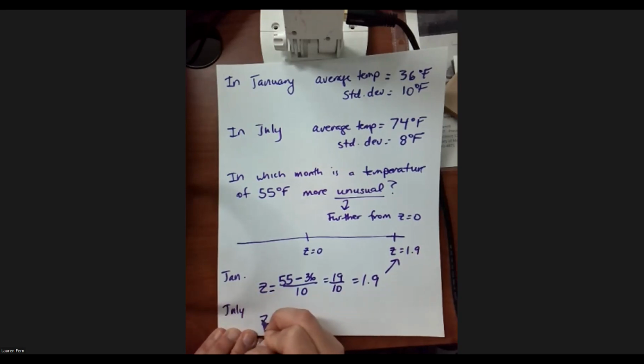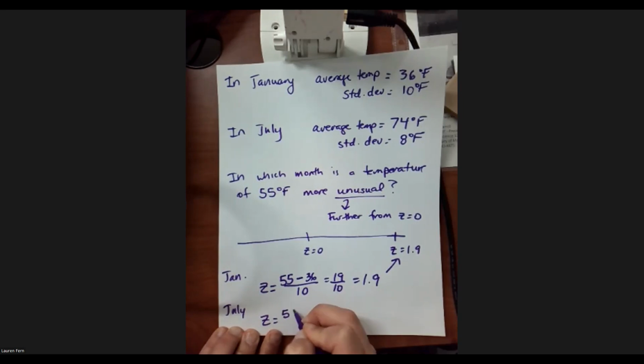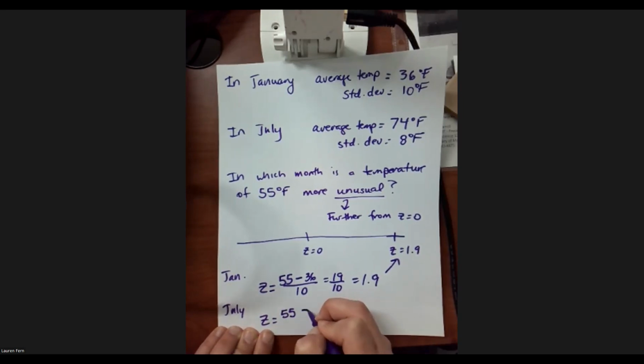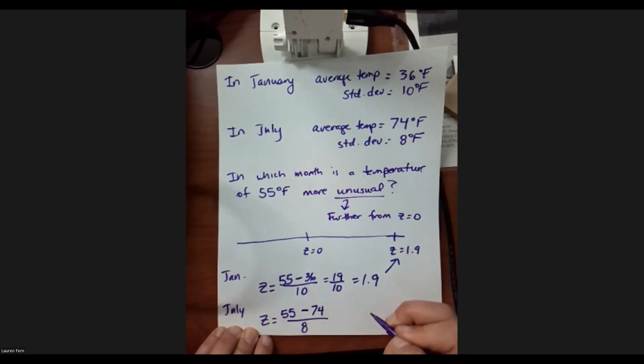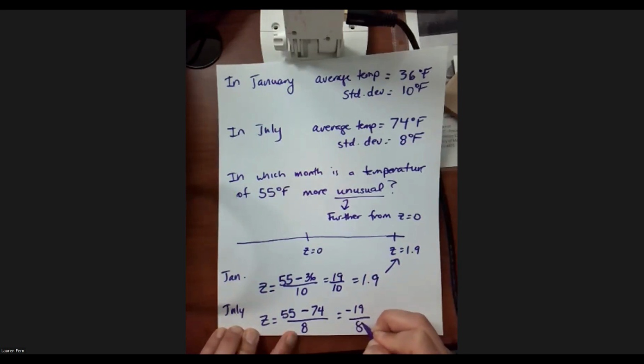On the other hand, for July, again, my temperature is 55, but now I'm going to subtract off the average temperature in July and divide that by the standard deviation. Good job. You get negative 19, but now it's over 8 because the data is less spread out. So you're going to get negative 2.375.